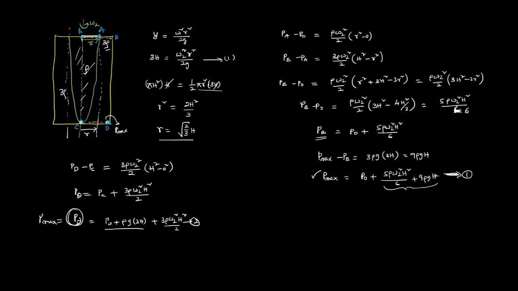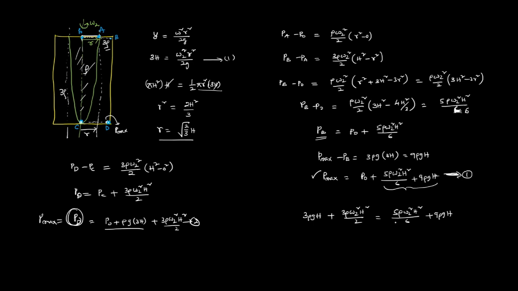If I am equating, obviously P naught cancels out. So remaining terms I am writing. 3 rho gh plus 3 rho omega 2 square h square by 2 is equal to 5 rho omega 2 square h square by 6 plus 9 rho gh.